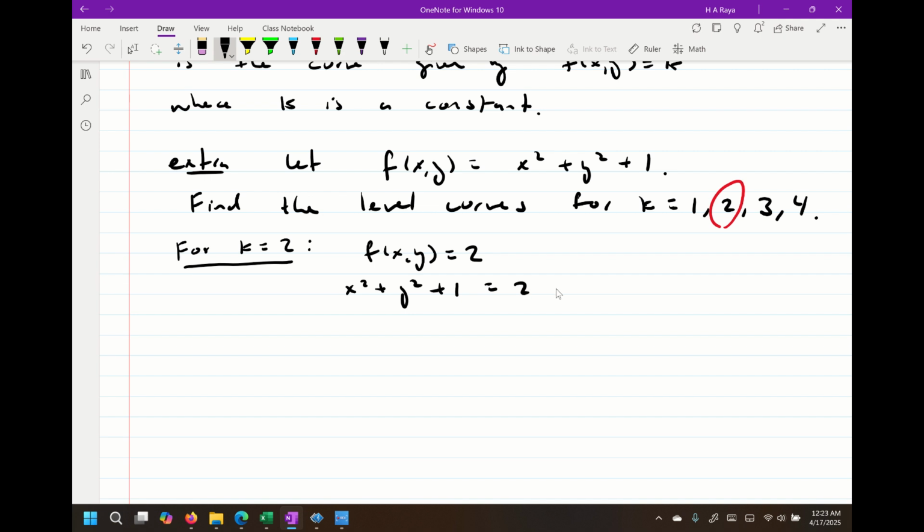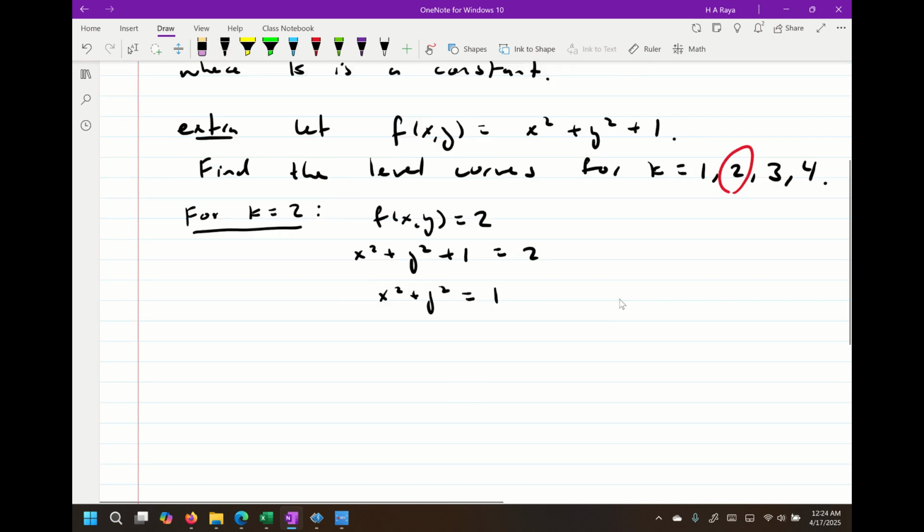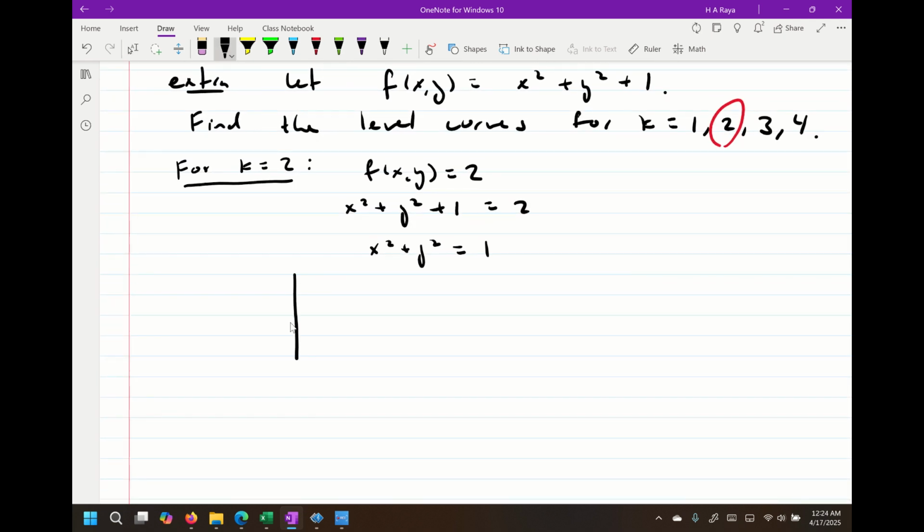And by moving the 1 over, we have x squared plus y squared equal to 1. Now this is a curve in 2 dimensions on the xy plane. I'm perfectly familiar with that. This is just a circle of radius 1. So again, this lives in 2 dimensions on the xy plane.